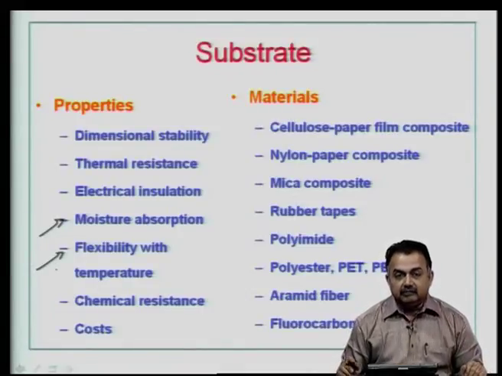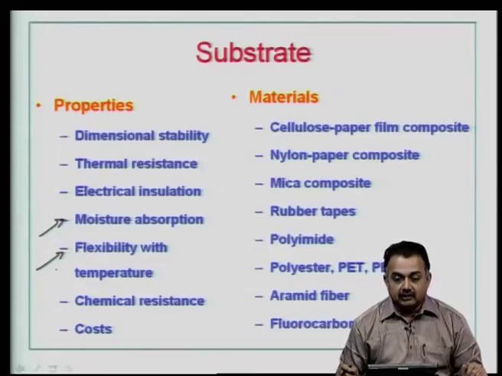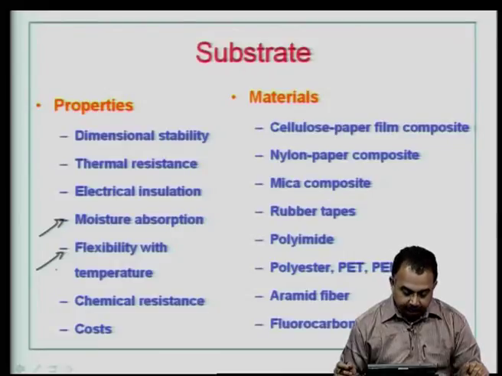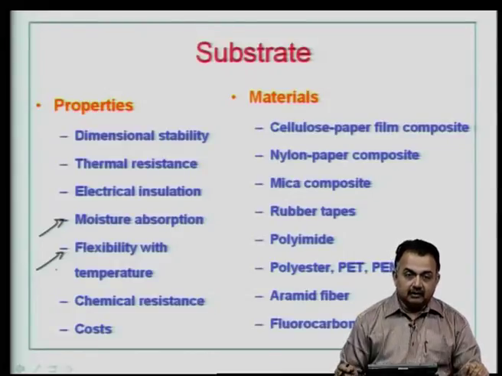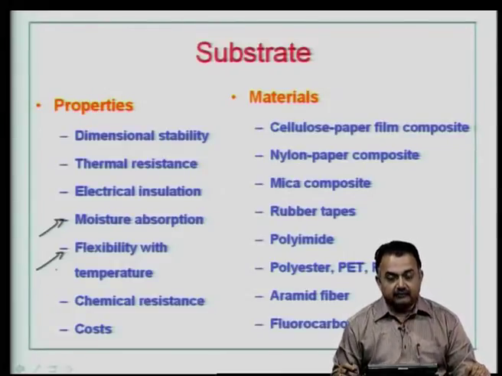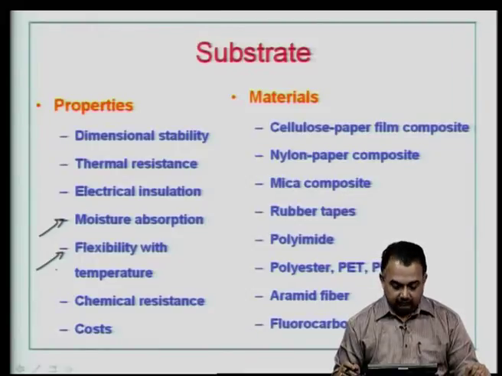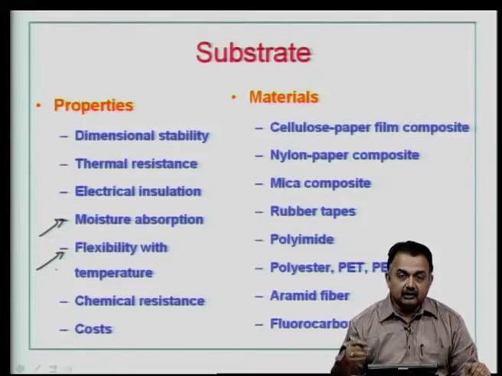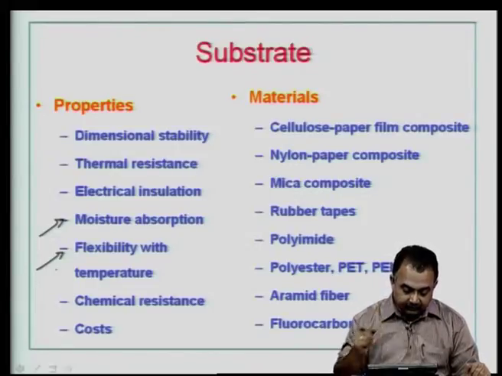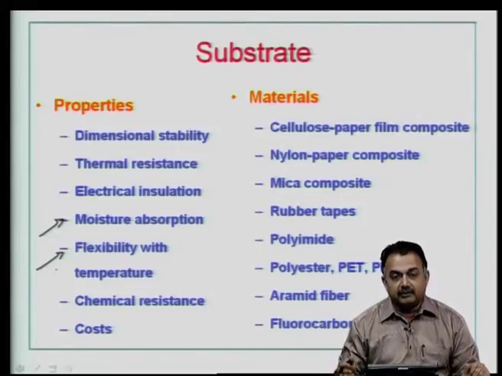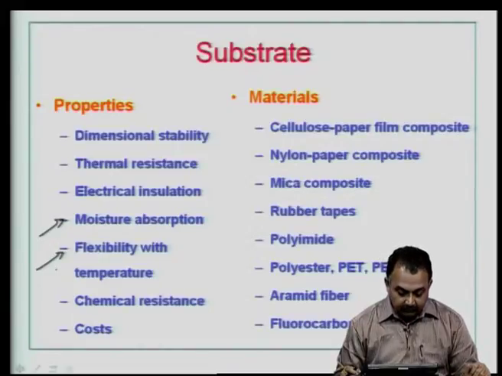Although this is flexible at room temperature, there is a limit to flexing the base that we are using. But at the same time, what is the kind of dimensional change that you can look at in this material when the temperature is increasing during the operation of the product and so on.